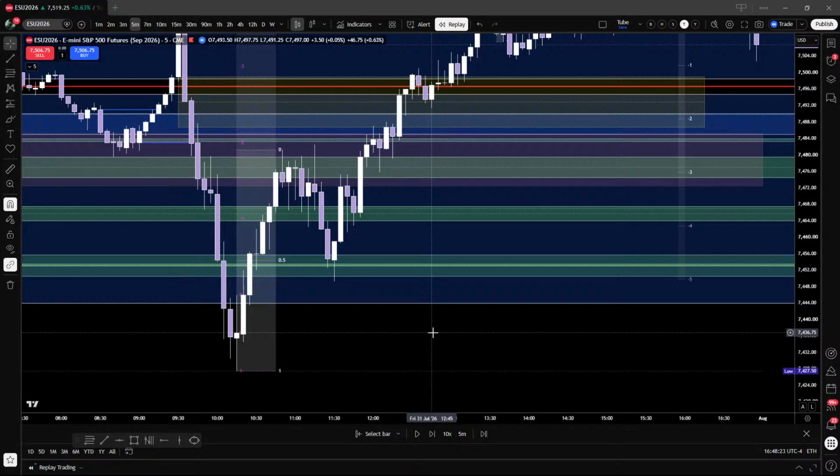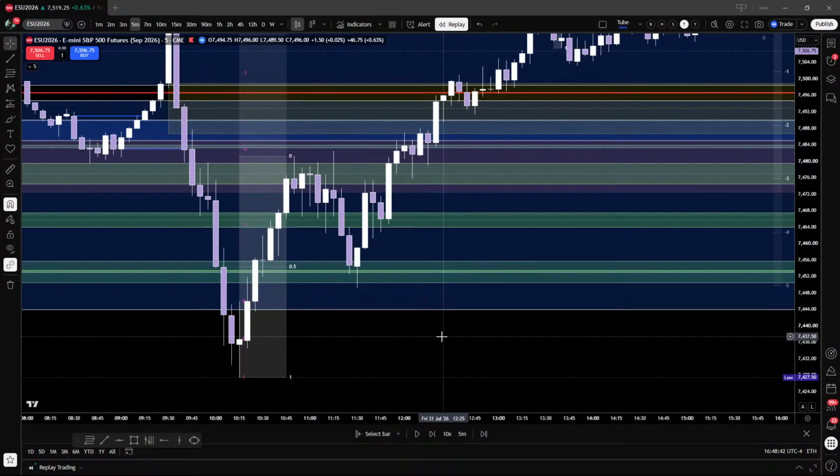I saw this candle on the 5 minute, and this one, and then the next one, and then okay, this is starting to look like the accumulation for a market maker buy model.